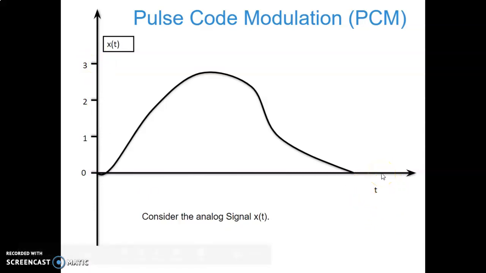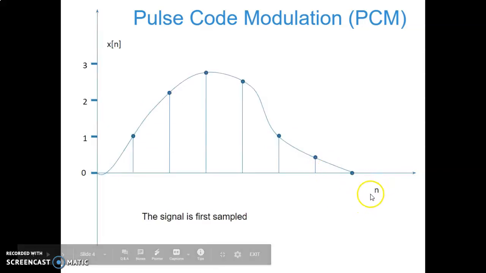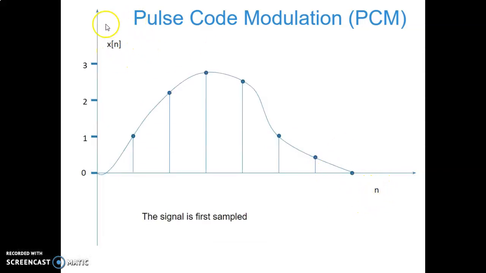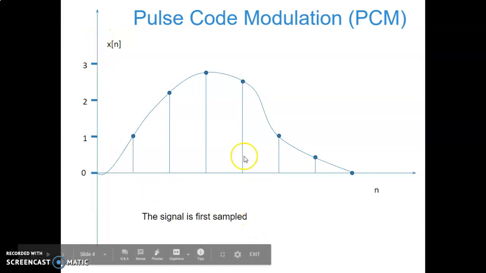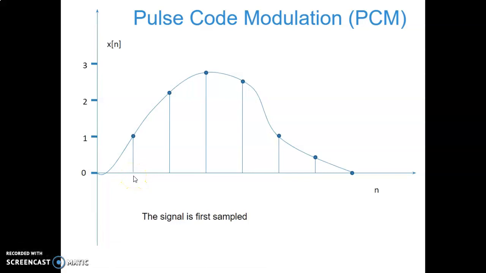The first step is converting the analog signal to a sampled signal, and now instead of a continuous time signal, you will have samples represented by n, and the signal is x of n. The signal is first sampled at regular intervals, and you should note that this sampling is done following the sampling theorem, where the sampling frequency should be greater than or equal to twice the maximum signal frequency.